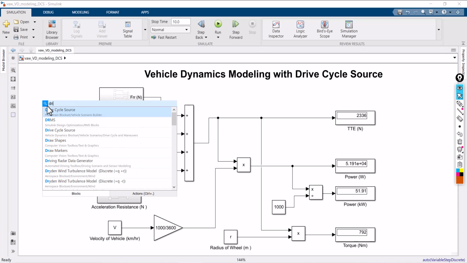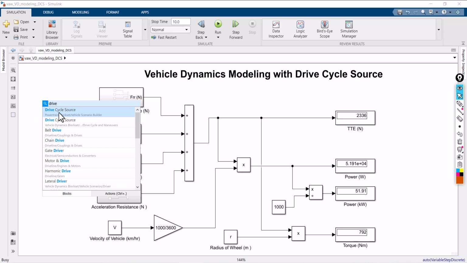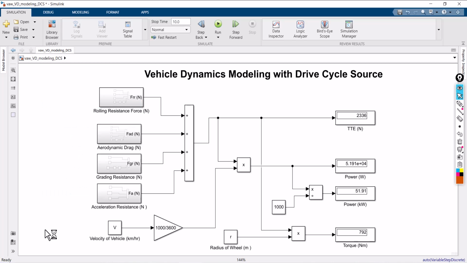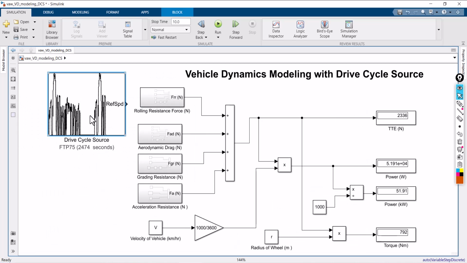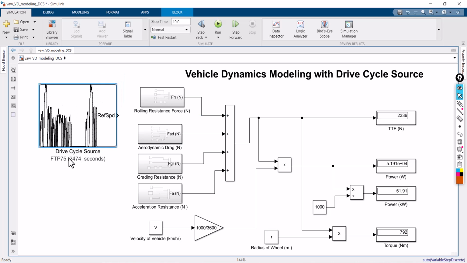We take drive cycle source. So this is nothing but a drive cycle source.